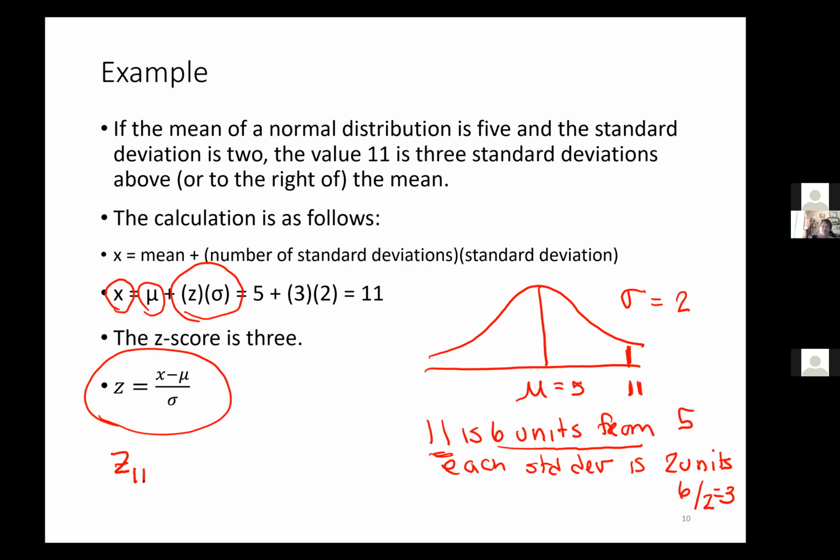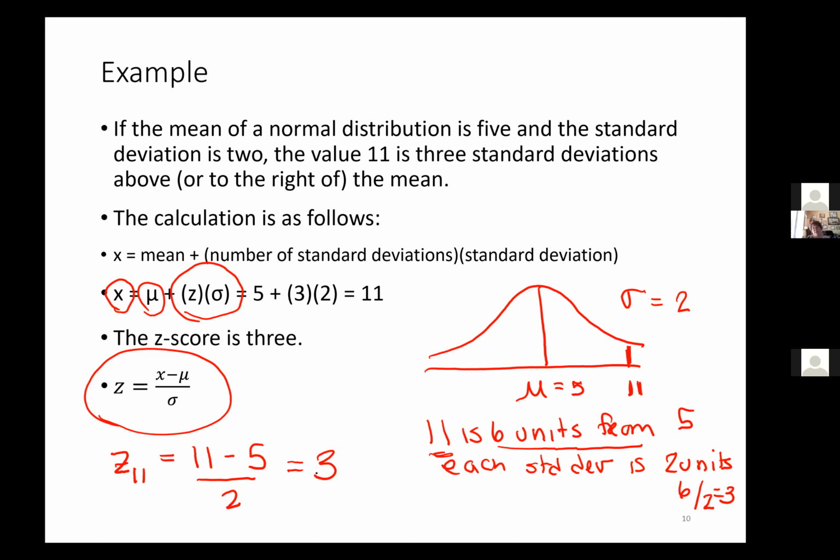To find the z-score for a particular data value, you subtract the mean of your normal distribution and divide by the standard deviation, and you get 3.